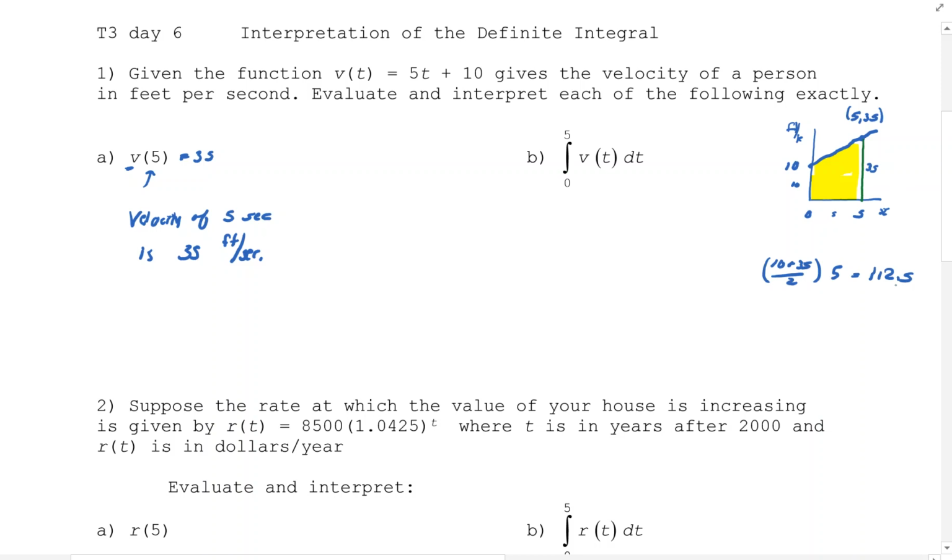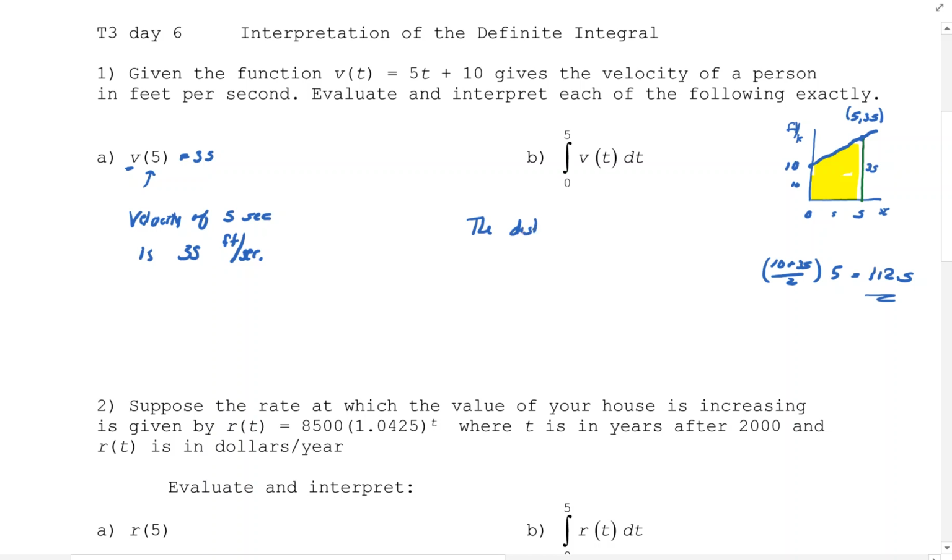So the interpretation is that between the times 0 and 5, if we start at home, the net distance traveled from time 0 to time 5 is 112.5 feet north of home. North of home because this is a positive number.